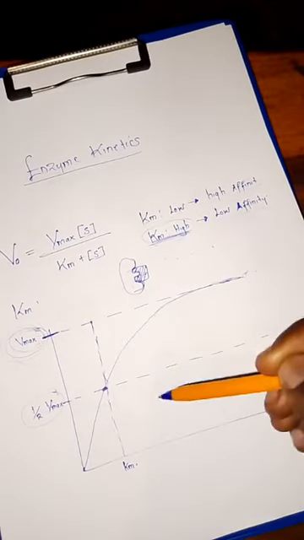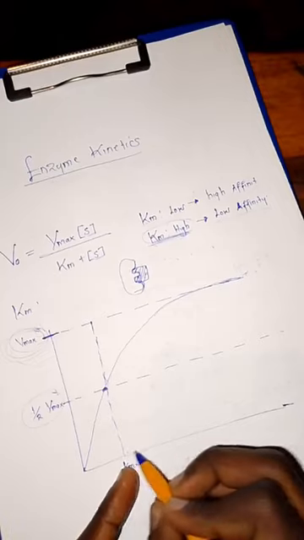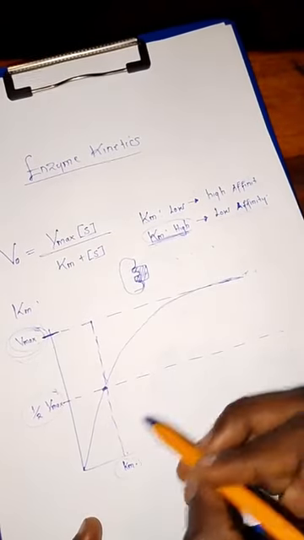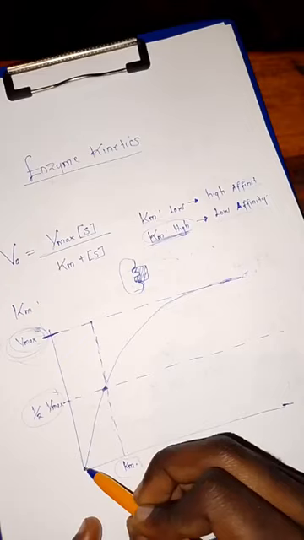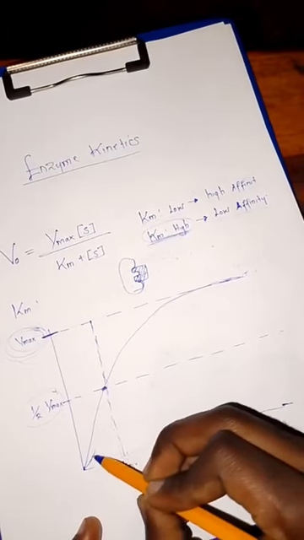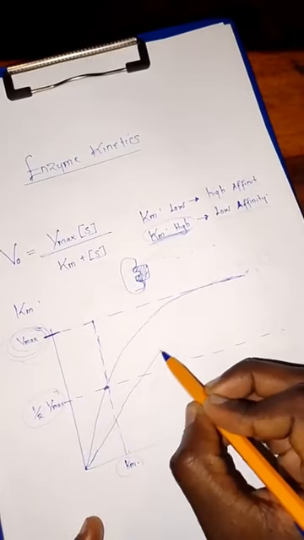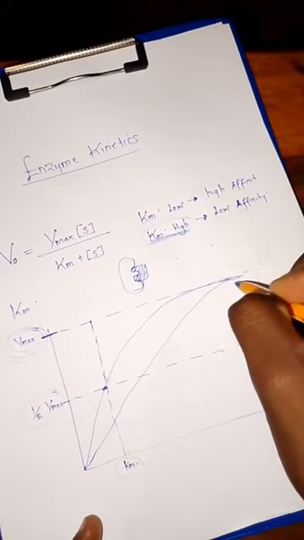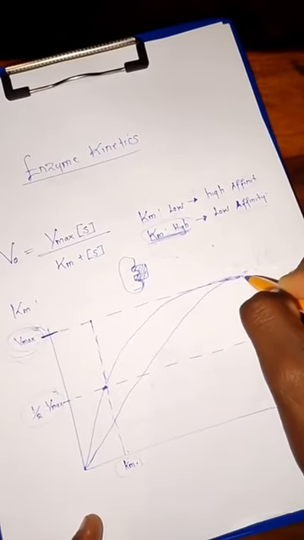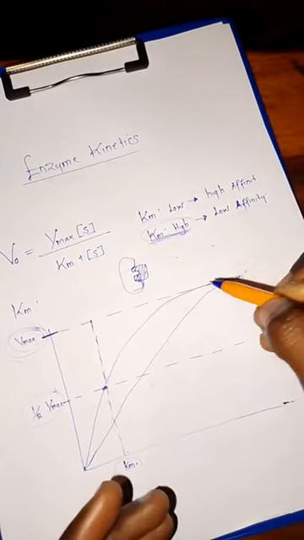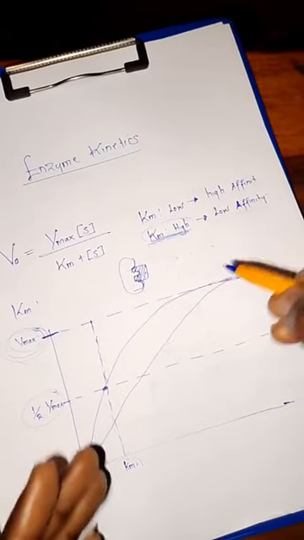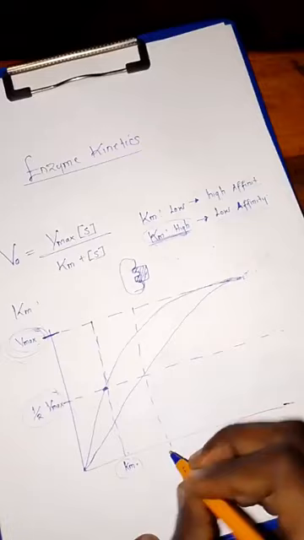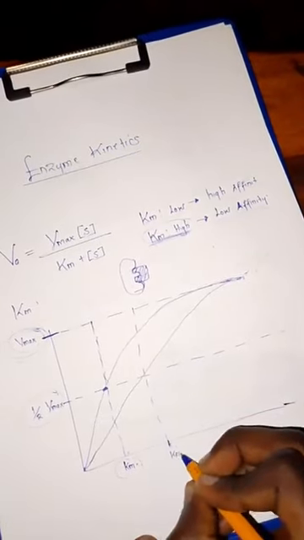So in a competitive inhibition, the Km is going to increase. Instead of being at its normal position, in the presence of a competitive inhibitor the graph will start looking like this. It will definitely reach the Vmax, but the rate at which it reaches the Vmax is going to be different from the normal condition, when a competitive inhibitor is present. So this shows that the Km is increased.